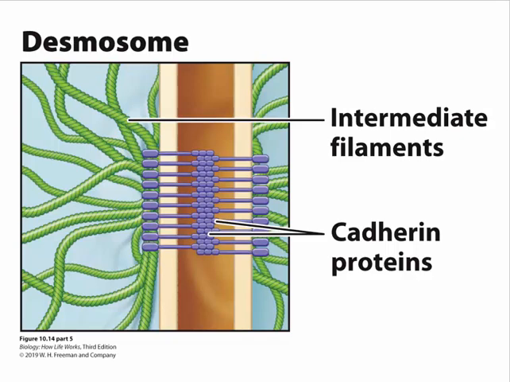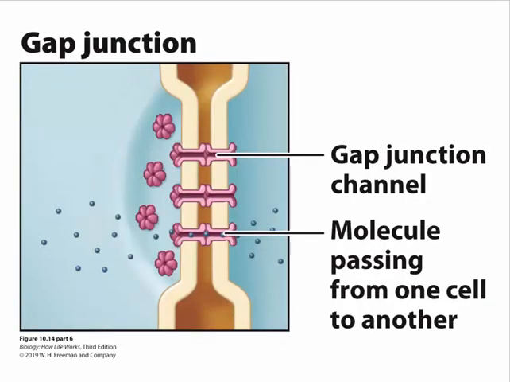All right, the other one from your book here is the gap junction. So here we actually have pores. These proteins form a channel in the cell membrane of one cell and the other, and then they connect in between. And so this creates a channel. Here we see little molecules passing from one to the other.